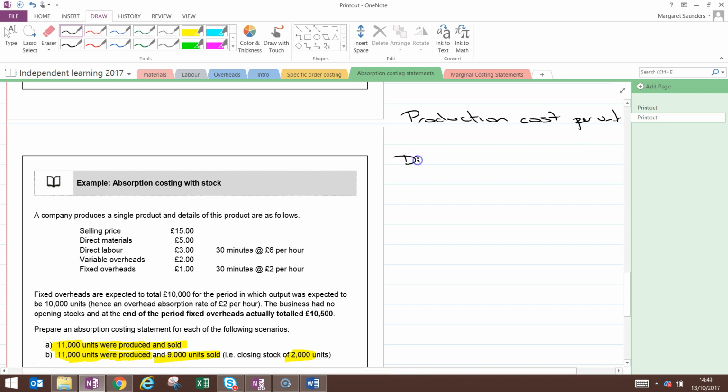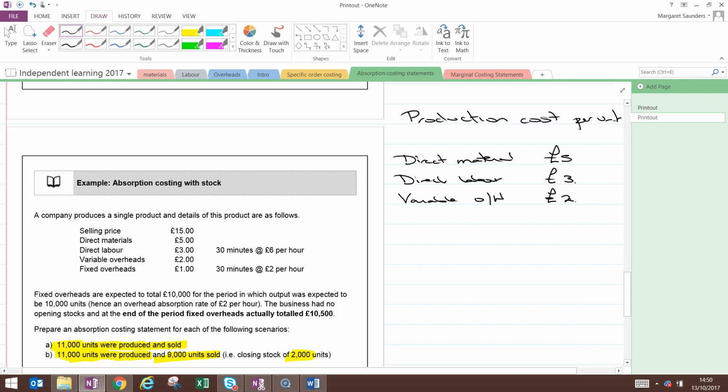So the production cost will consist of the material cost, which we're told is £5, the labour cost, which we are told is £3, the variable overhead, which we are told is £2.